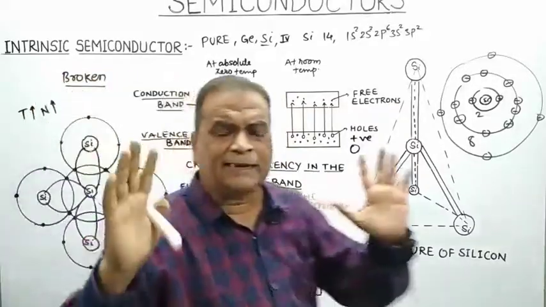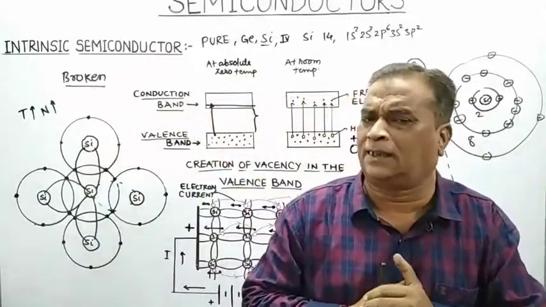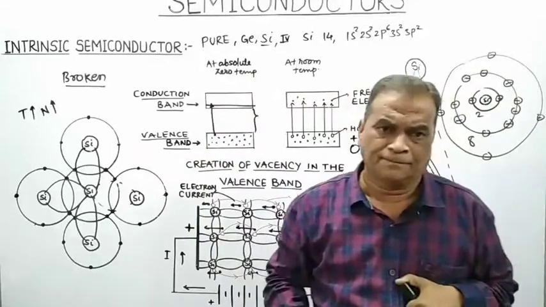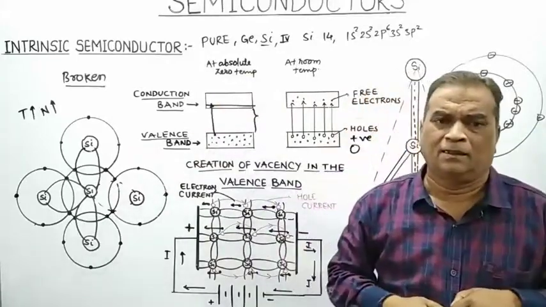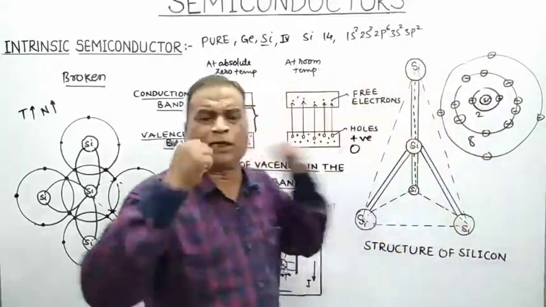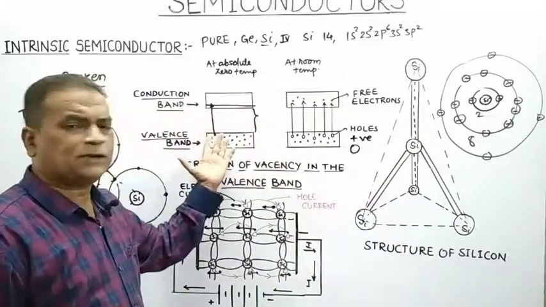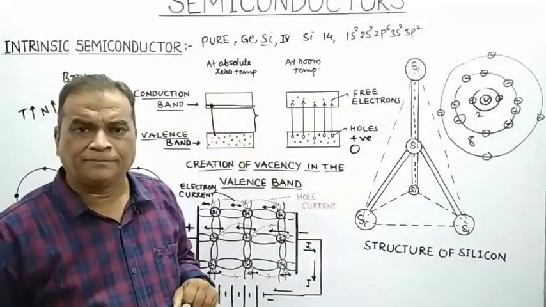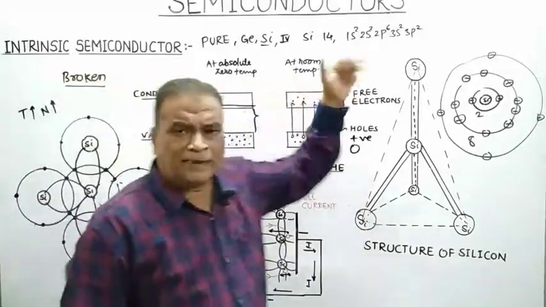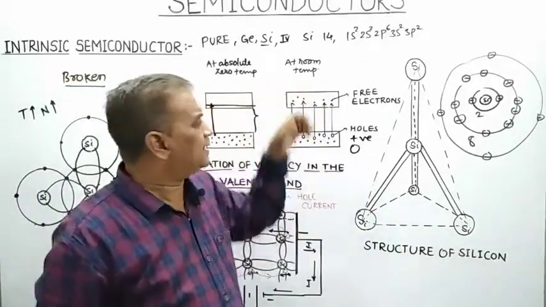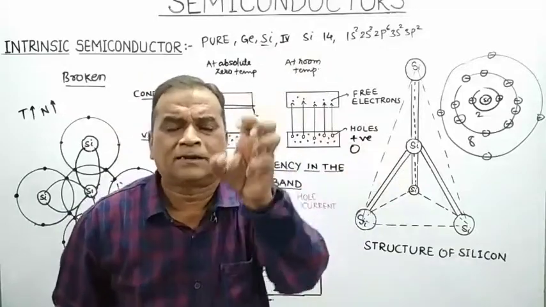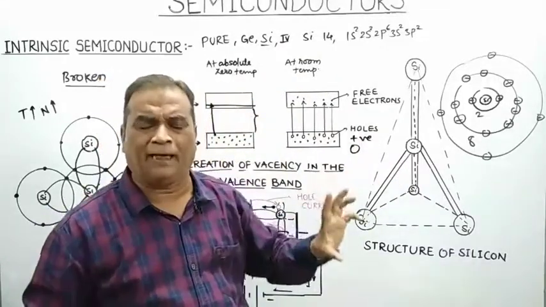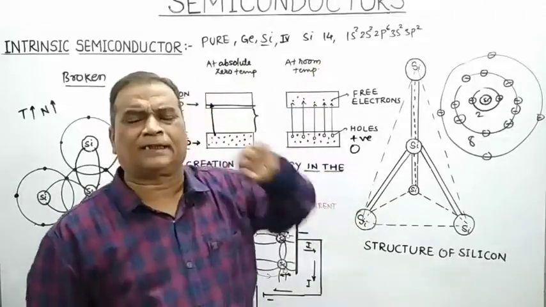So as far as intrinsic semiconductors are concerned, you remember 2 points: at absolute zero temperature, it behaves like an insulator, while at room temperature, due to thermal agitation, few of the electrons from the valence band can enter into what? The conduction band. And that semiconductor will acquire some electrical conductivity at room temperature, not so high, but certain electrical conductivity.